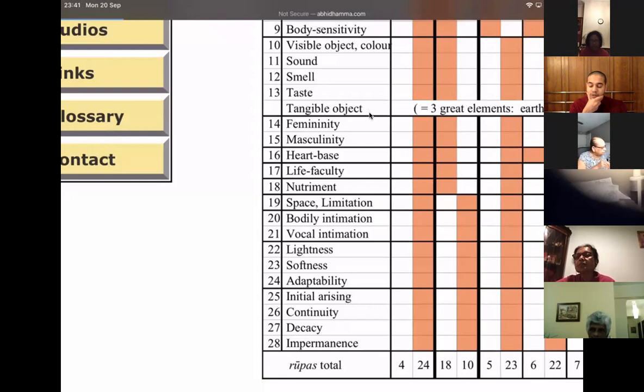I think the question was, why is it that a pure octad does not arise by the spirit of Kamma Rupa? Is that correct, Dhamsiri? That's right.